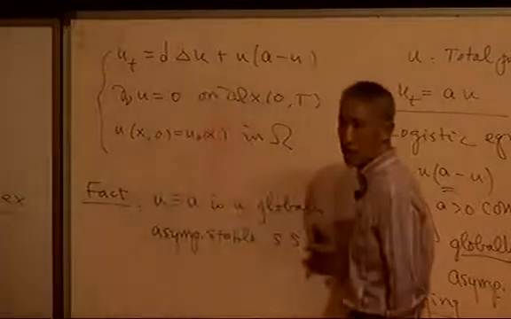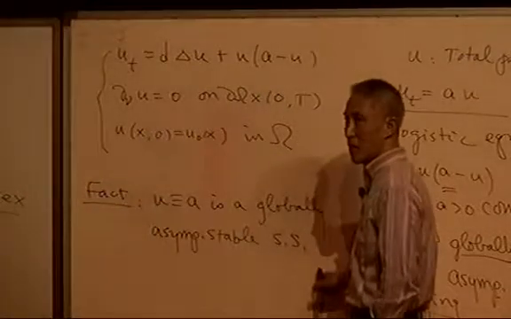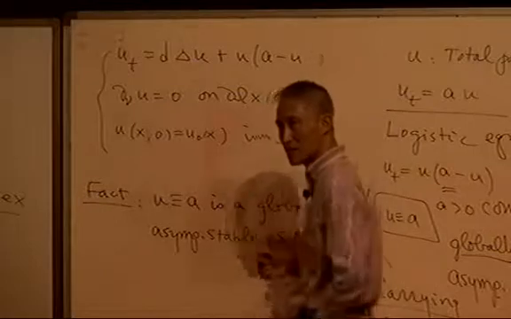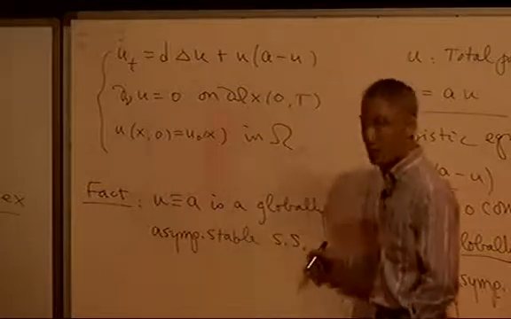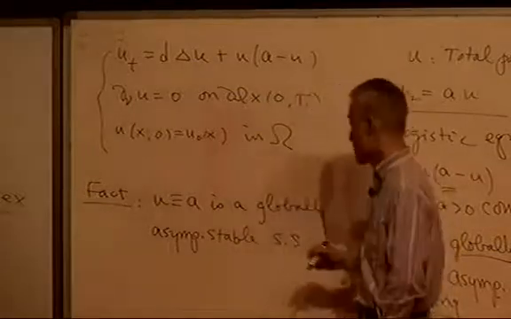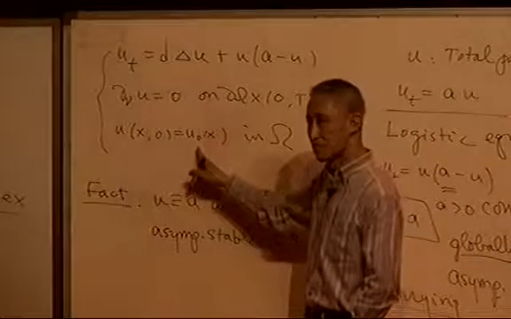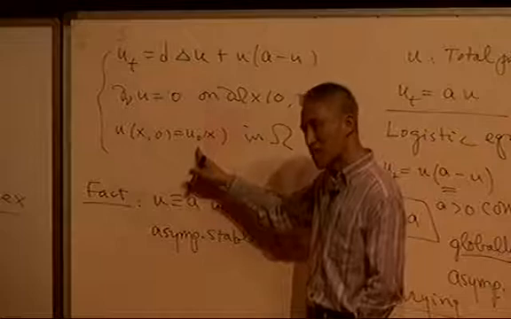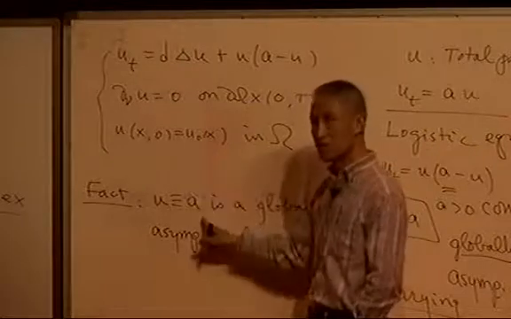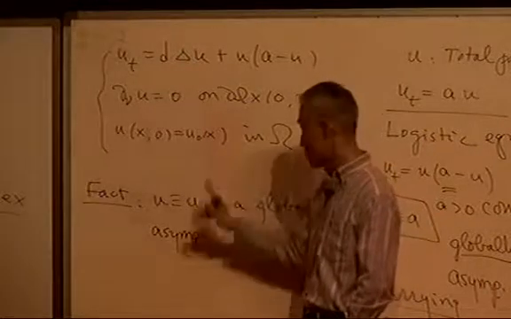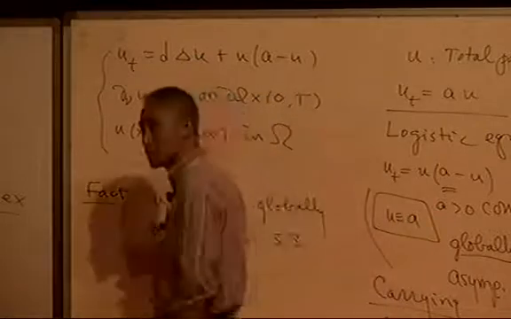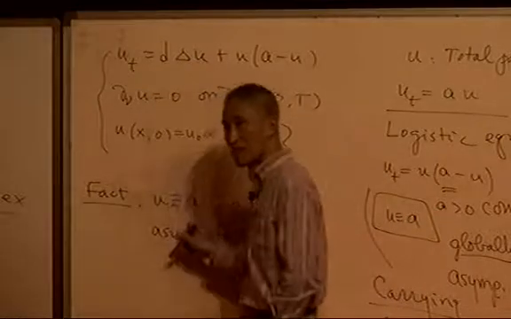And of course, it's unique. Again, I'm talking about non-negative, non-zero initial value. Any U0, as long as it's non-negative and non-zero, converges to A. You can prove this one easily.